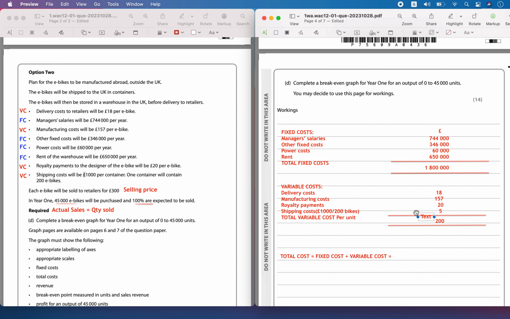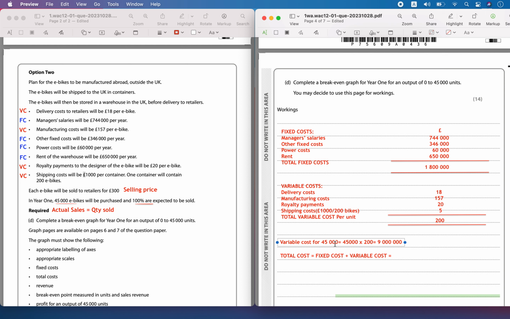Now we have to calculate the variable cost for 45,000 units. Total variable cost for 45,000 e-bikes is equal to 45,000 times 200. That value is equal to 9 million.